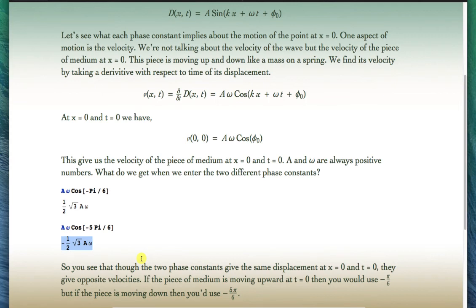And you of course also have to know what the wave direction is, so you have the right equation here, plus omega t or minus omega t. Once you know those things, you can determine which phase constant is the correct one to use. So in our case, if we were told that the point was moving upward, then we would know we'd have to use minus pi over 6 as our phase constant.